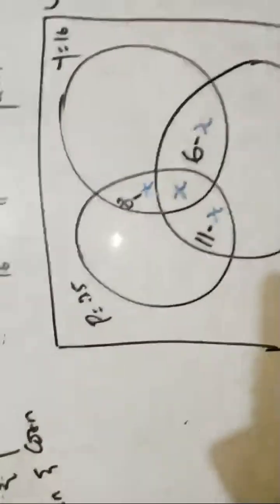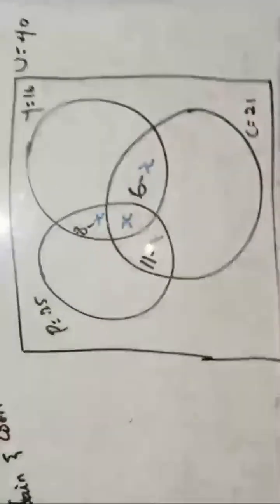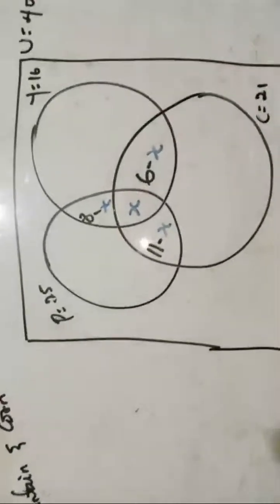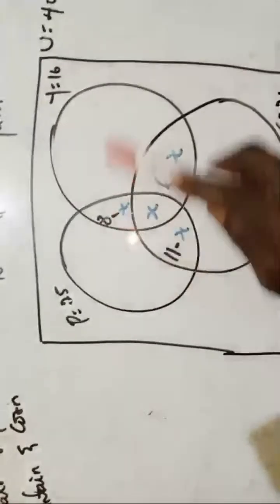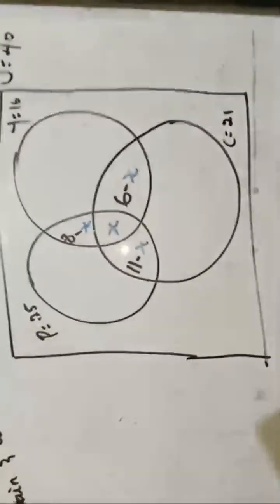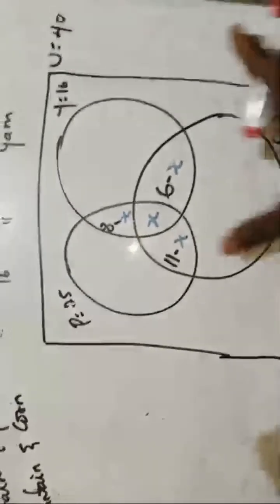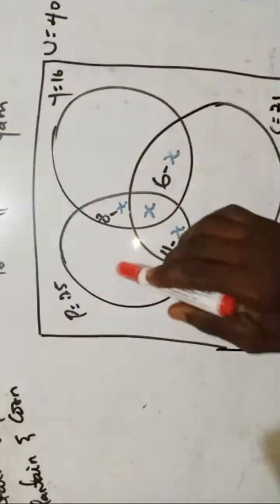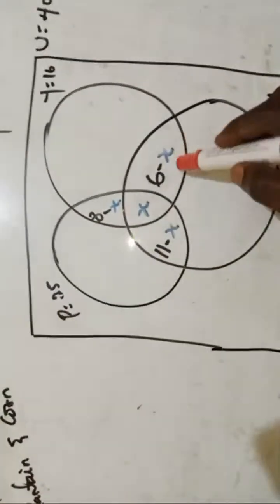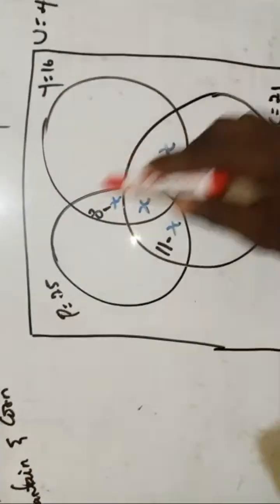Now, here's one thing again you must pay very close attention to. Once you're able to represent all the information on the Venn diagram, you see that this portion is blank, this is blank, and this is also blank. You are not going to leave anything blank in this case. What I mean by open is that you didn't have any number to put in this portion or any other portion.